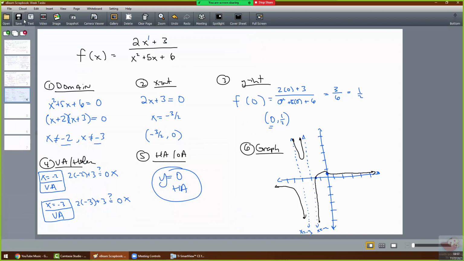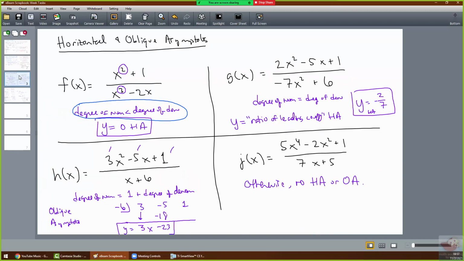And the only other thing I'm going to say is the idea of why horizontals and obliques are the way they are. And it goes back to the idea of division and that these guys are polynomials. So if you remember, we had this thing called the leading term test, which said only the leading term mattered. Nothing else mattered as far as what dictates the arrowheads.